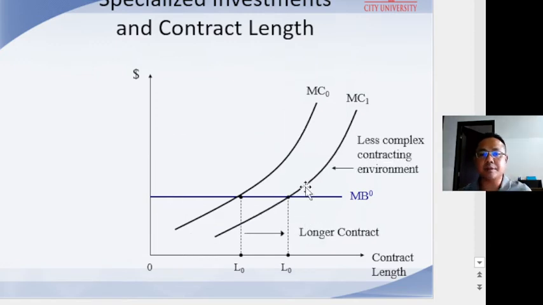This is only the concept; when we see the example in the figure, it is clearer. So the marginal benefit is on this line, and that's when there is a less complex contracting environment. That means in the situation for the longer contract, we can see where the point will be.